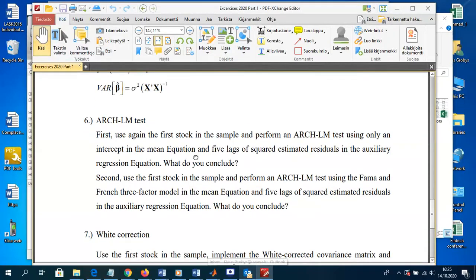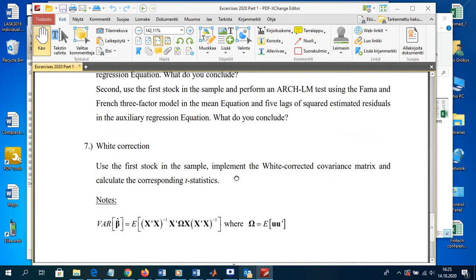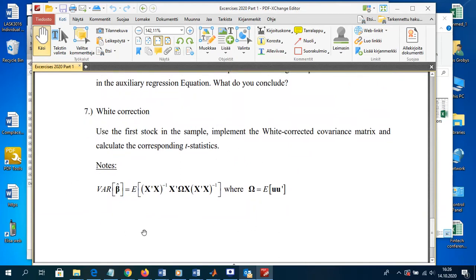So once we know that we have volatility clustering going on and the residual variance is not the same across time, there is the so-called White correction that we can use in order to estimate the corresponding covariance matrix of our point estimator correctly.